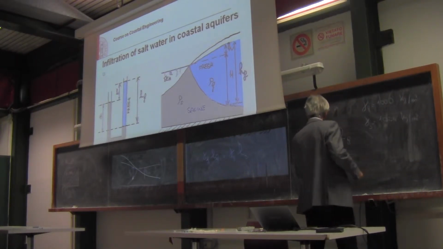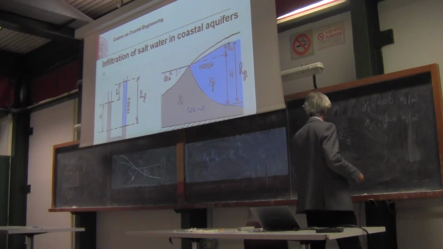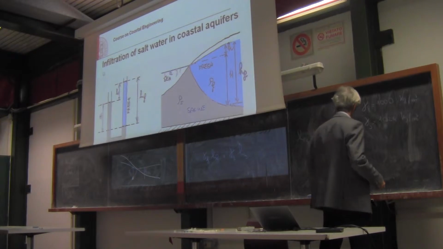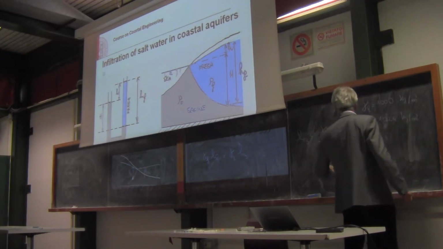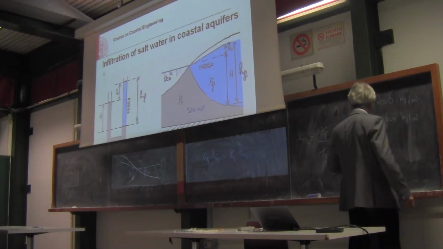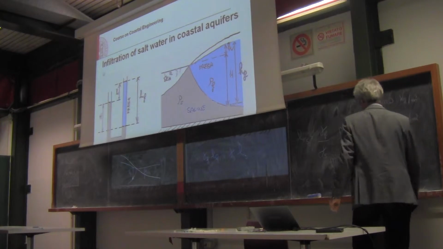We can write here gamma F divided by gamma S is equal to 1 divided by 1.024. Okay, so HS is equal to this number multiplied by HF.